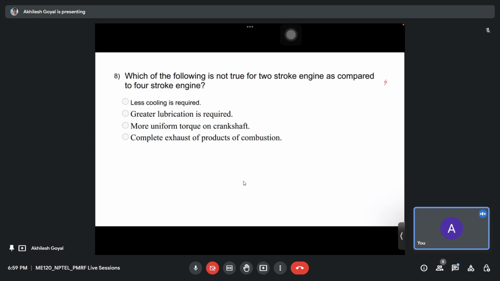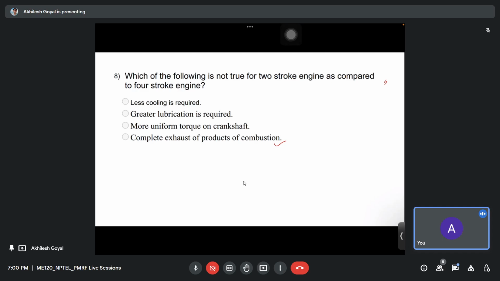So the last option we are starting with is complete exhaust of products of combustion. This is the right option, not considering the question.